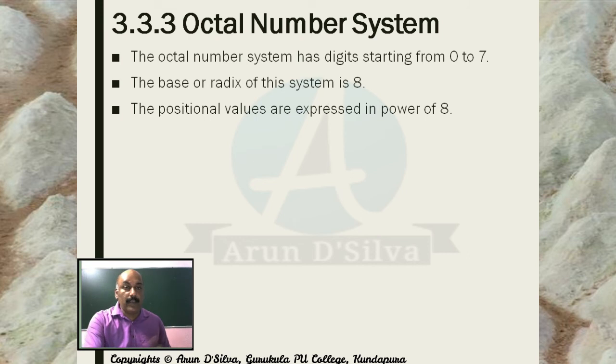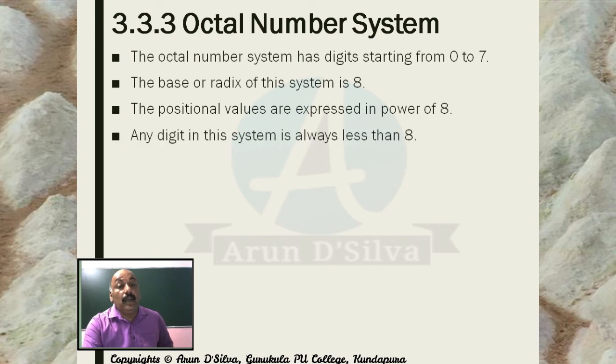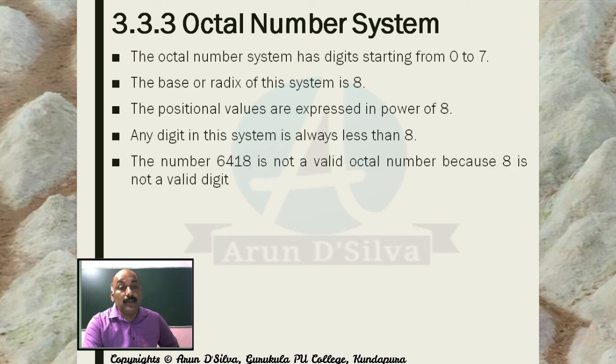Last we saw 2, before that we saw 10, and here we have 8. Any digit is always less than 8; the combination should be from 0 to 7. So 6418 is not a valid number because 8 appears there, and 8 does not belong to this system.